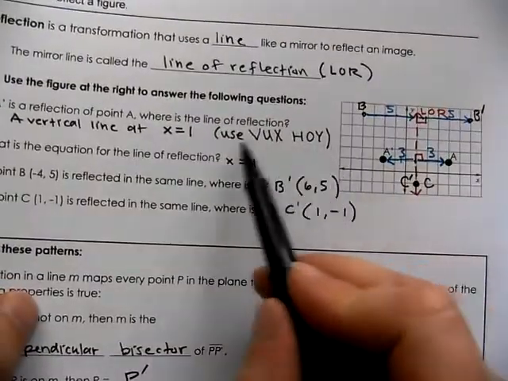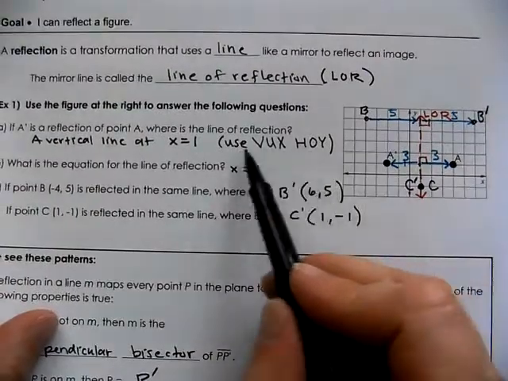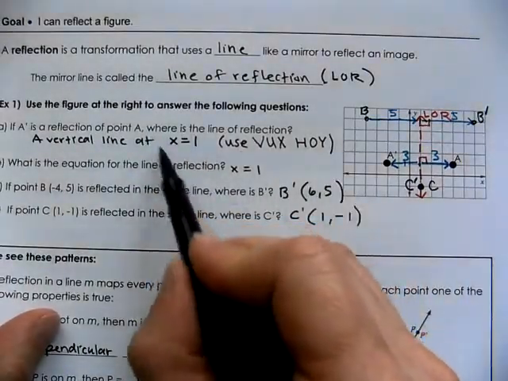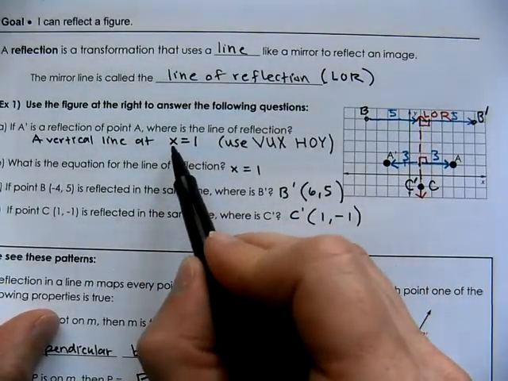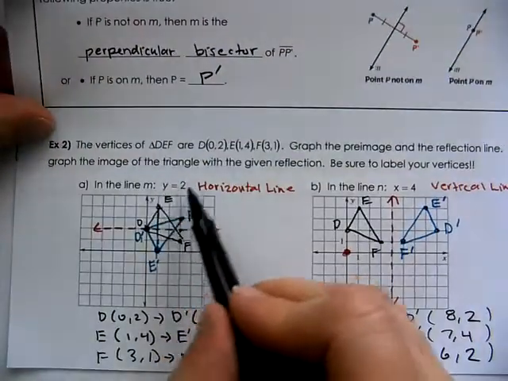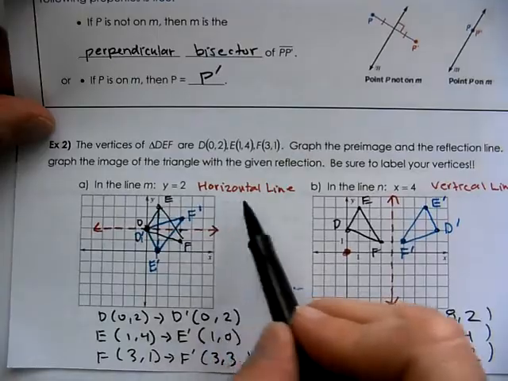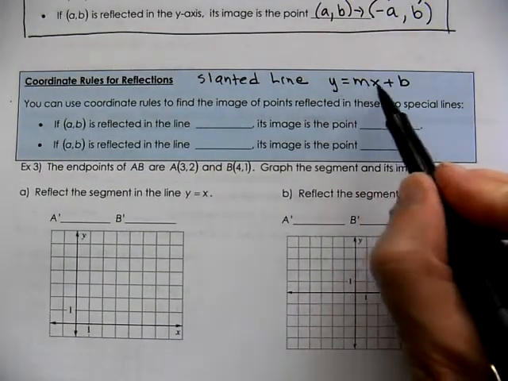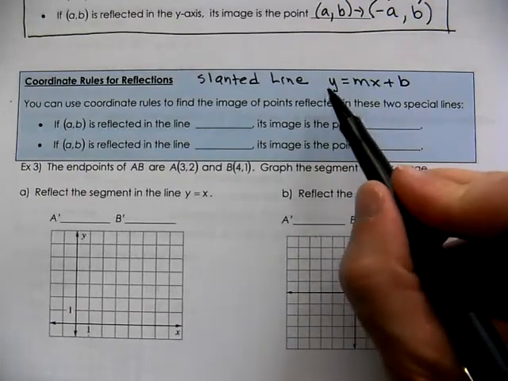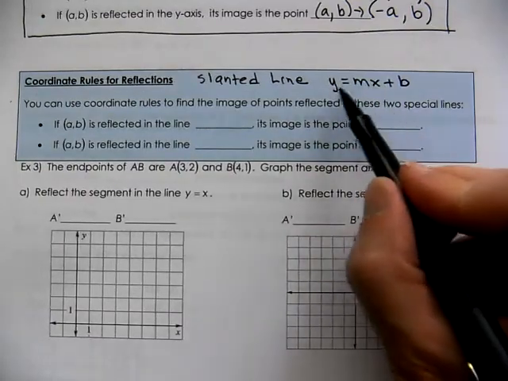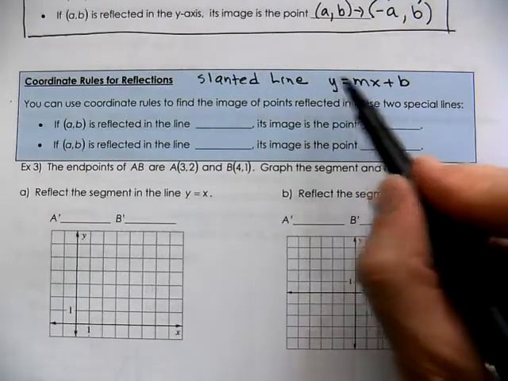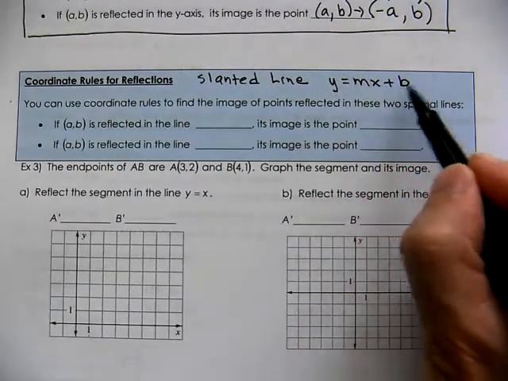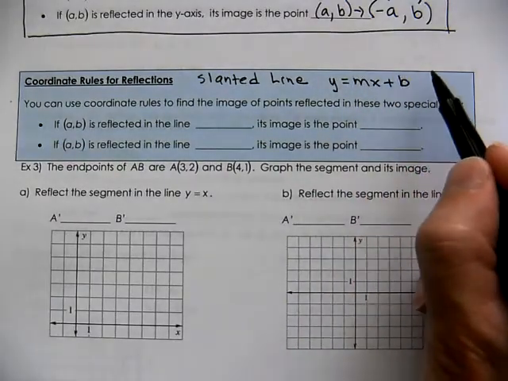When we were working with that pattern, we were using equations of lines that only had an x because it was a vertical line, or only had a y because it was a horizontal line. But if our equation has both x and y, that means it is not horizontal, it is not vertical, it has to be slanted. That means there's some slope and there's some y-intercept.